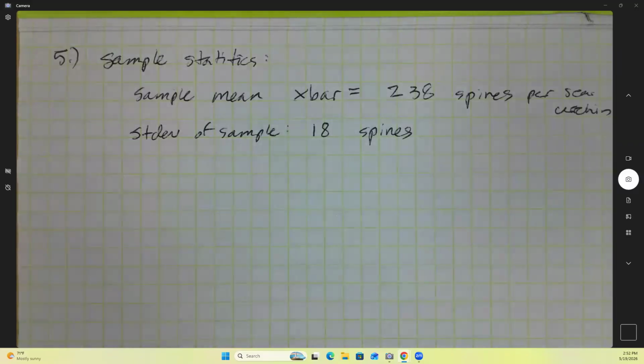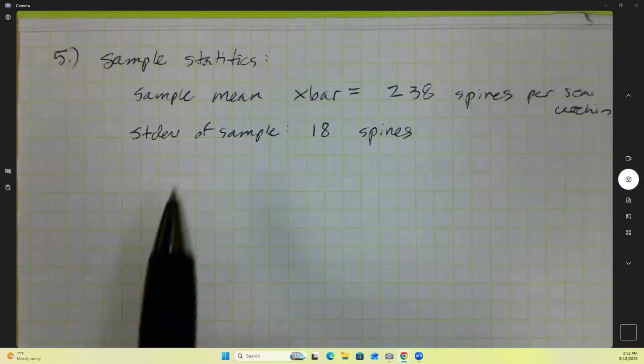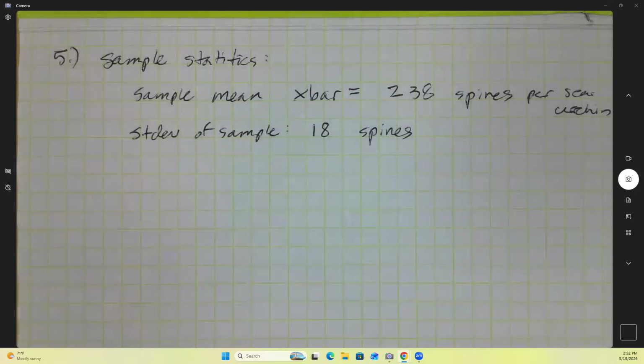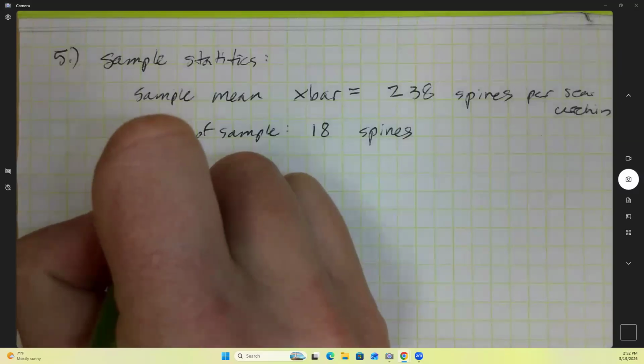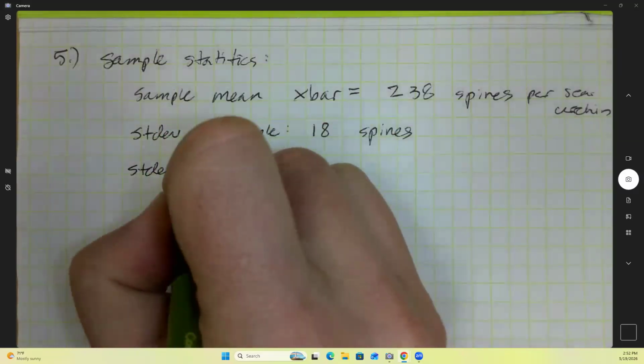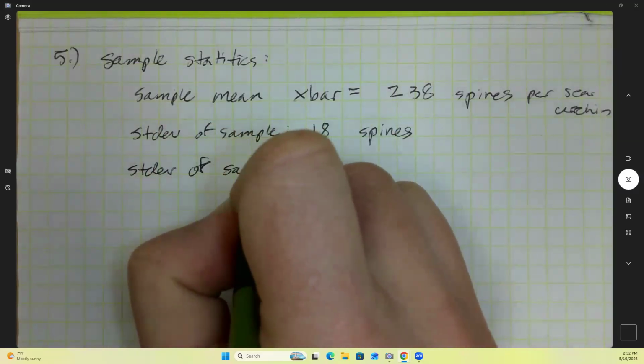We need one more sample statistic if we're going to do our actual hypothesis test. It's not from data we collect, it's a number that we calculate based on the data that we collect. Because we're asking about means, not individual observations. So we need the standard deviation, not of the sample, but of the sample means.